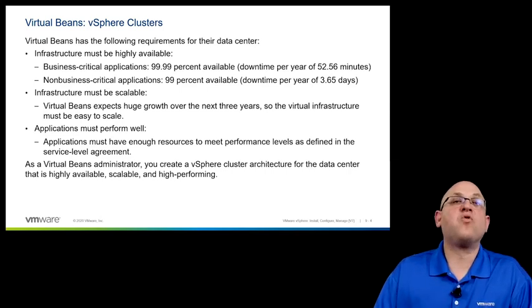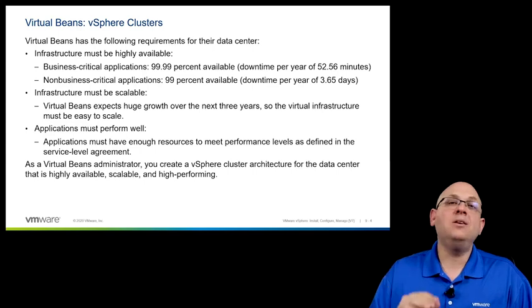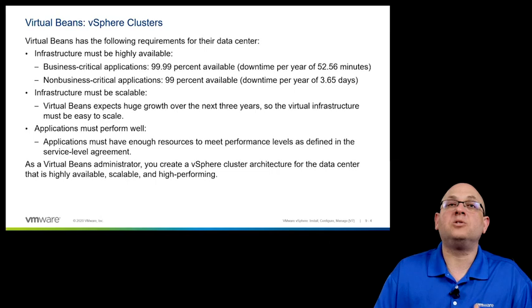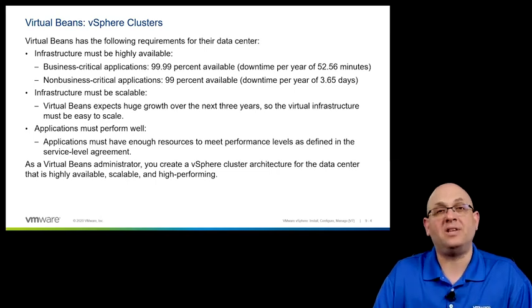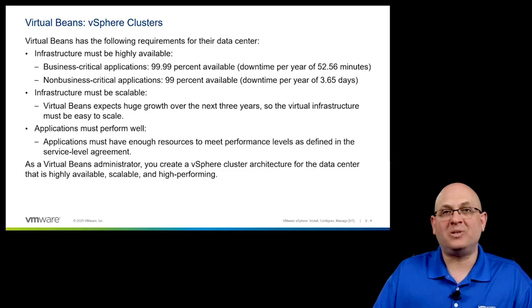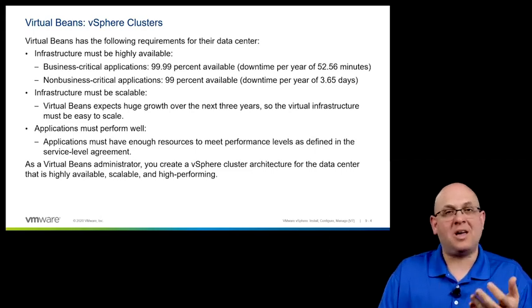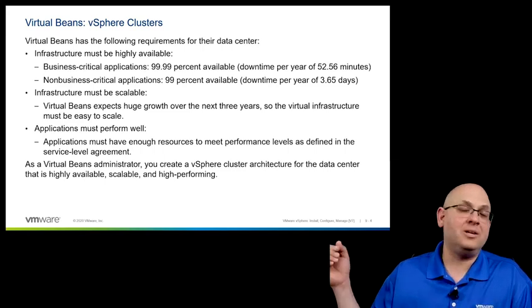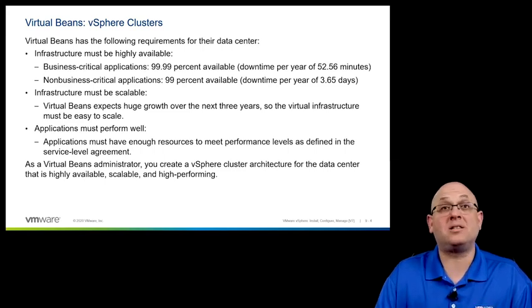We also have to be able to scale. That is, if we run low on resources, adding new hosts to clusters and then balancing the load across those clusters using vMotion and the automated features of DRS are an important feature for us to have, so that all we have to do is pop a host in a rack, make sure it's all set up for vSphere, make sure it's got networking and access to storage and redundancies and VMkernel ports for vMotion, and then all we have to do is drag it into a DRS cluster, and boom, workloads get migrated onto that ESXi host.